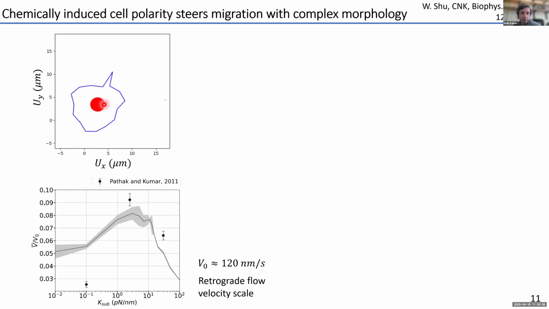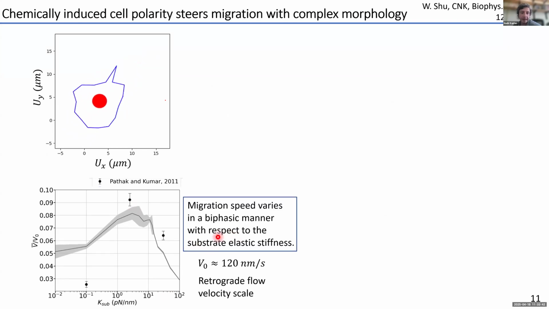And by using this type of modeling, what we can importantly find is an experimental observation that migration speed varies in a biphasic manner with respect to the substrate elastic stiffness. These are the experiments taken from the literature, these three dots, and there are also other findings in the literature that point to this behavior.